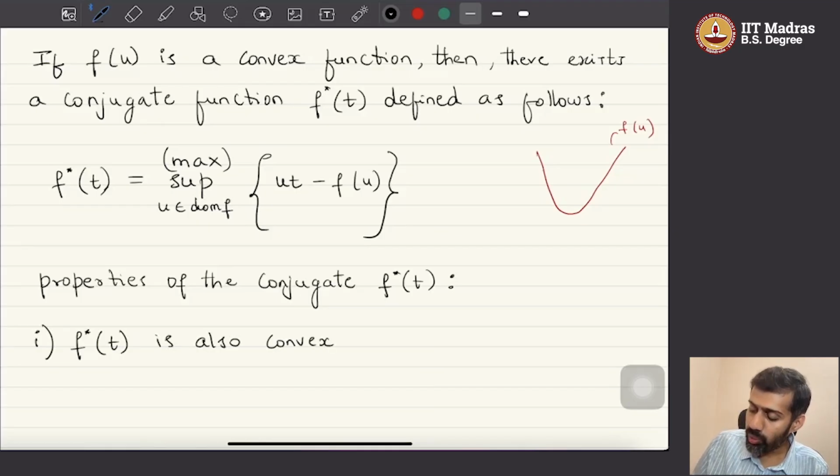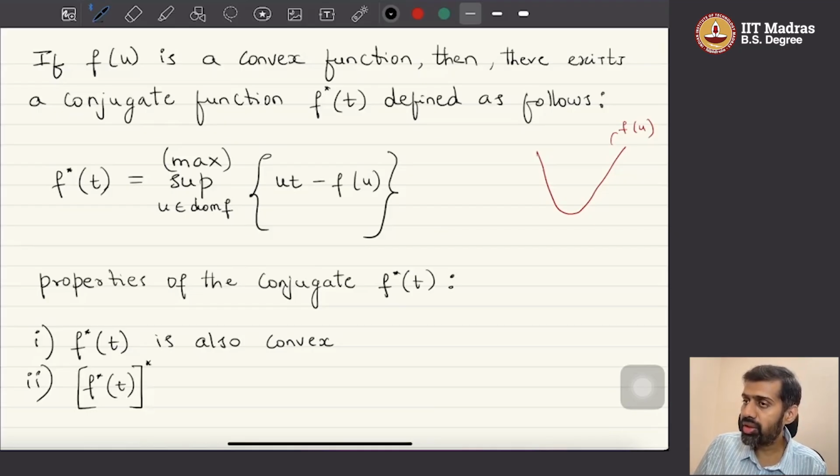One can verify these properties. The other thing is the conjugate of the conjugate. Because the conjugate is also convex, one can take a conjugate of the conjugate itself, and it will give back the original function. So these are the two properties that we'll be using.